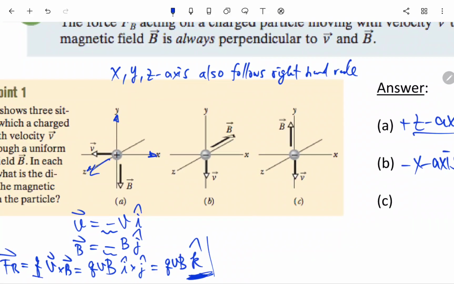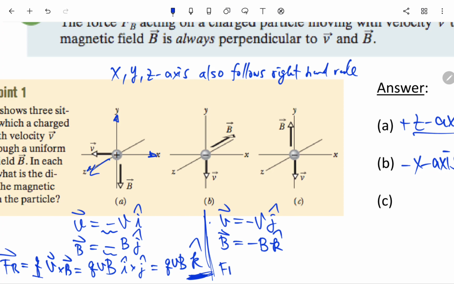Similarly, we can use the unit vector notation. In this case, v is pointing to the negative y-axis, which is negative v j hat, and B is pointing to the negative z-axis, which is negative b k hat.